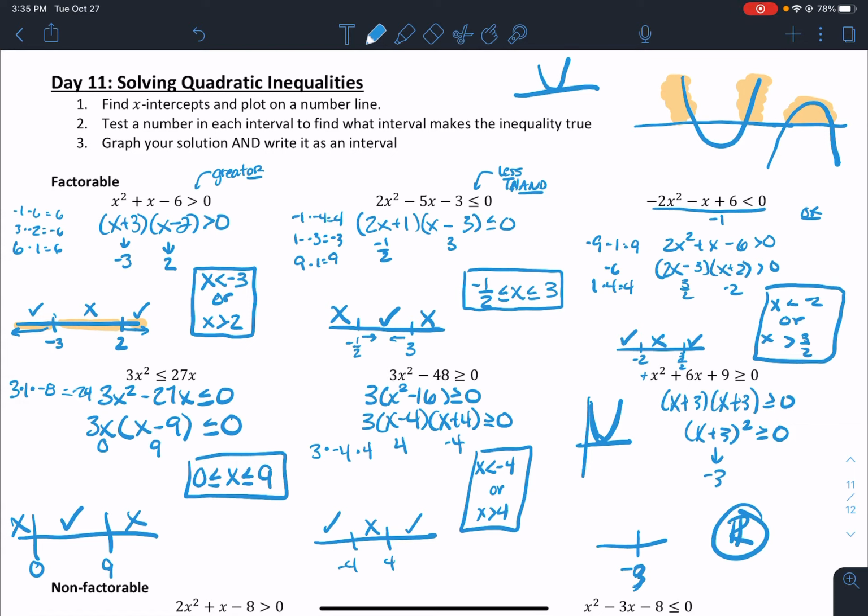Or alternatively, I could test a number to the left of -3, like -4. -4 plus 3 is -1, and square it, you get 1, so it works there. I would test -3 itself, which works, and then I would test 0, and that still works, so it's all real numbers. Cool.